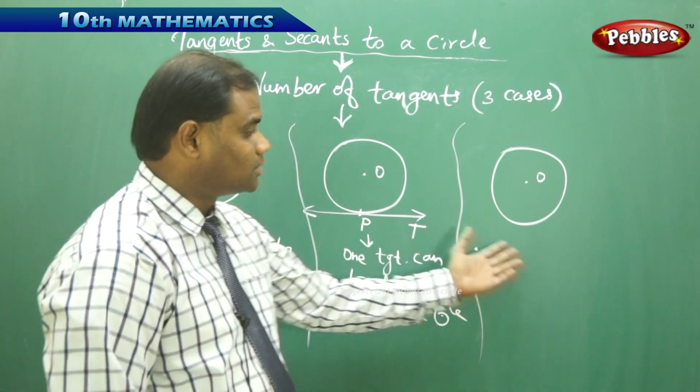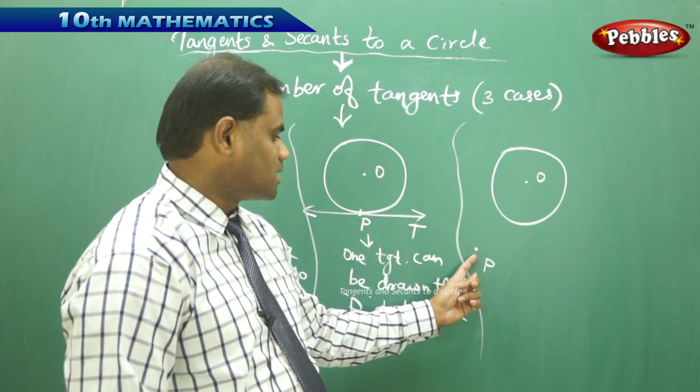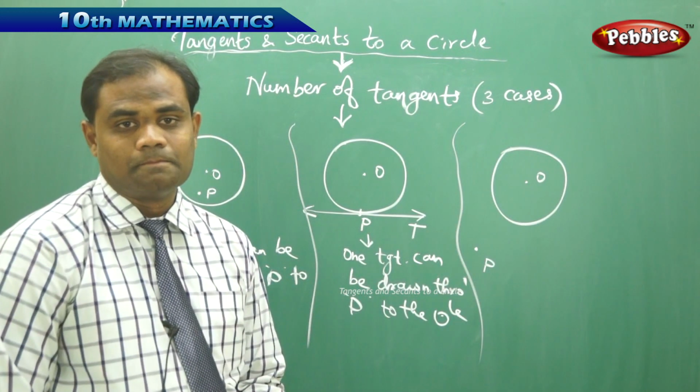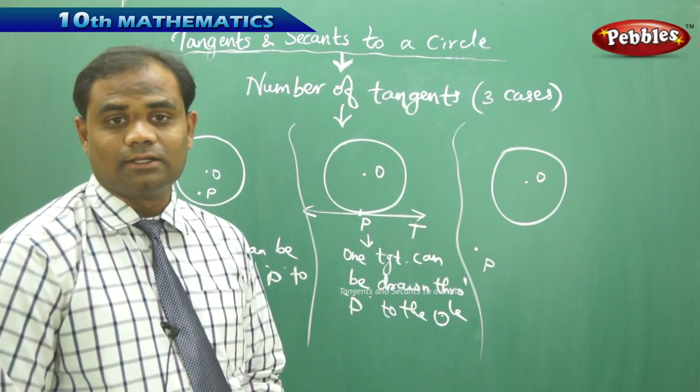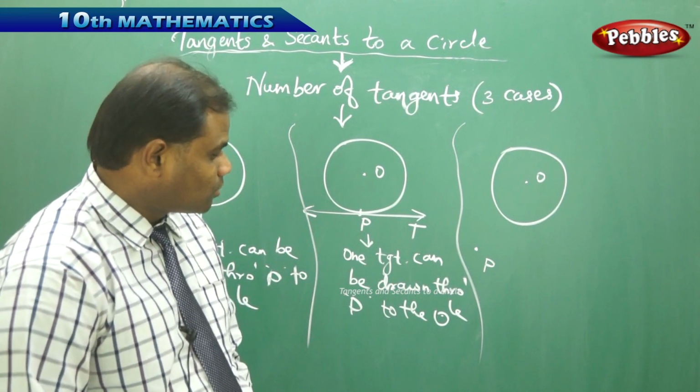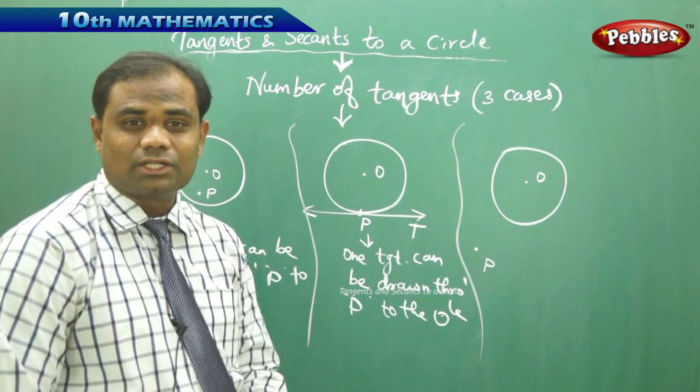Now let's shift to the third case where the point is exclusively outside the circle. Now since the point P is outside the circle, I can clearly see that the number of tangents I can draw from here are two.